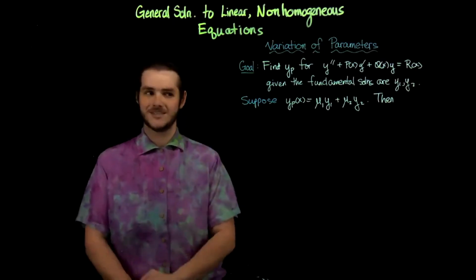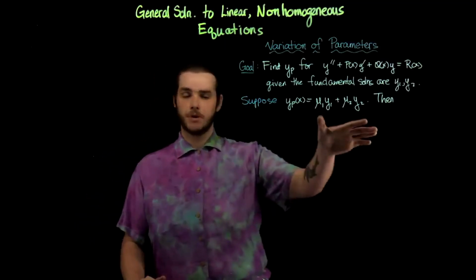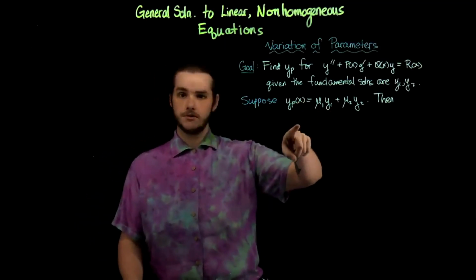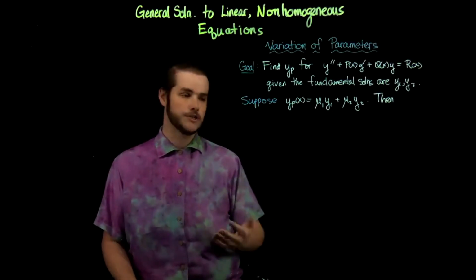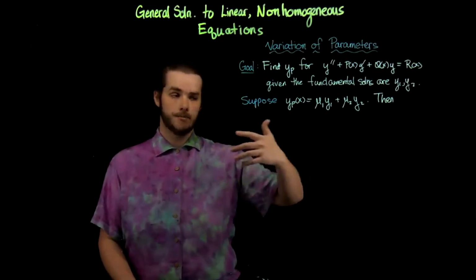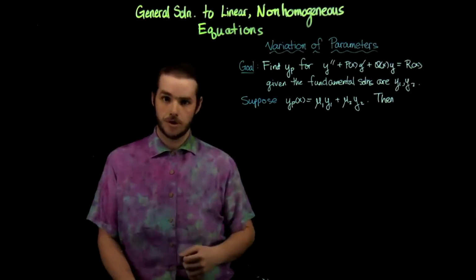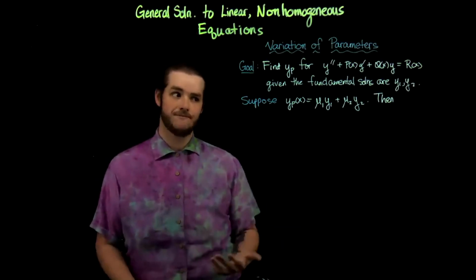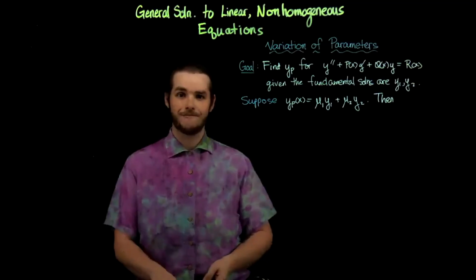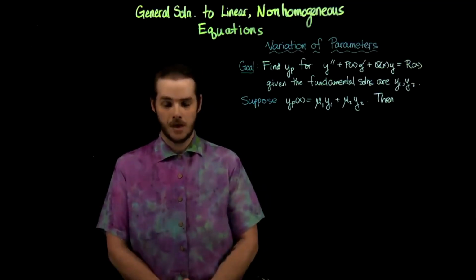Remember, there's two of them because it's second order. And what we're supposing is that our particular solution looks just like our complementary solution, except that the parameters are allowed to vary. Mu1 and mu2 are functions of x, not constants.